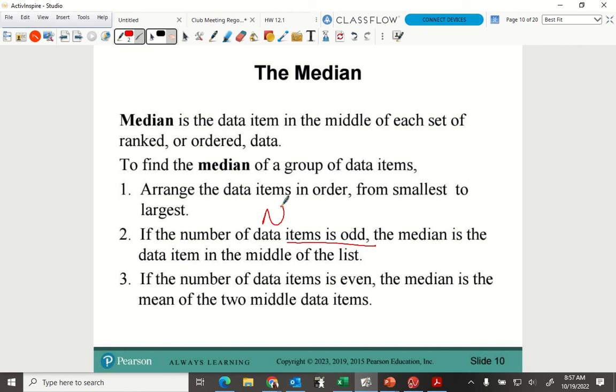There's a middle number. If the number of data items is even, the median is the mean, that means the average. I take the two middle data items, add them, and divide by 2.